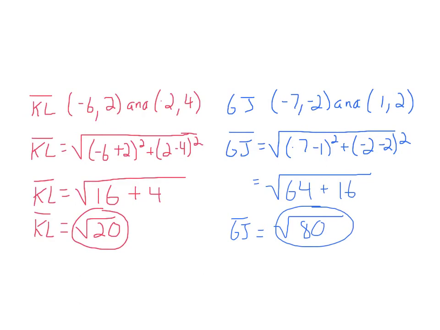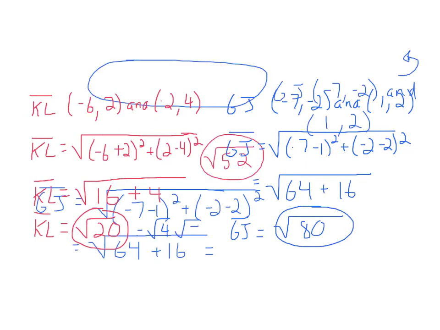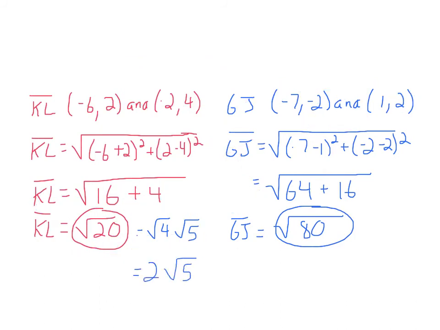But what we want to do is simplify both of these radicals. Now if we simplify the square root of 20, we get the square root of 4 times the square root of 5, or 2 square roots of 5. When we simplify the square root of 80, we have the square root of 4 times the square root of 20, and we know the square root of 4 is just 2, and the square root of 20, we just figured out from right here.